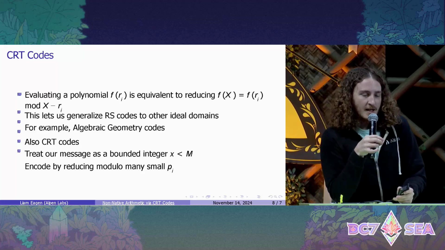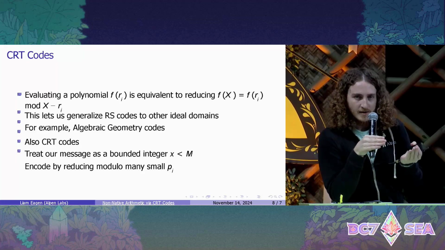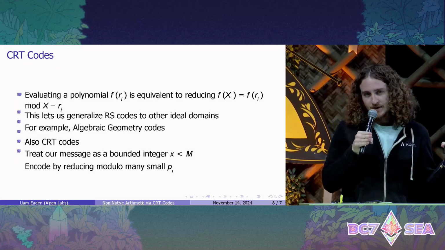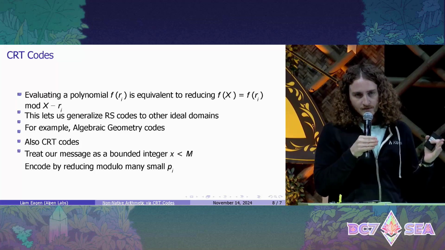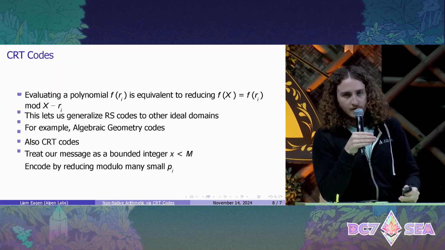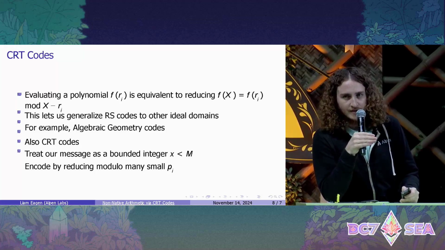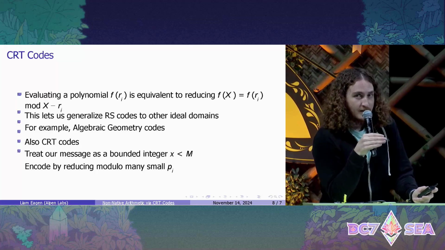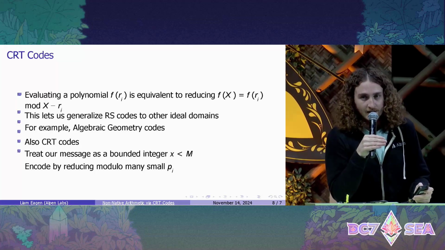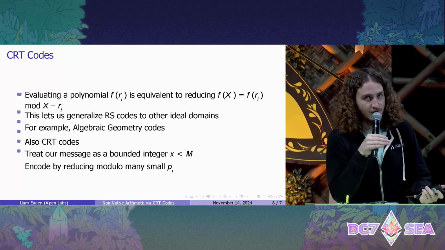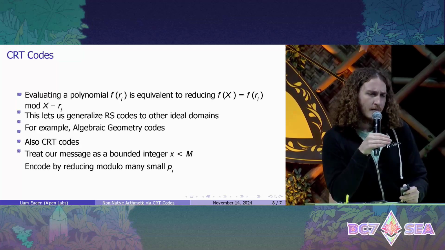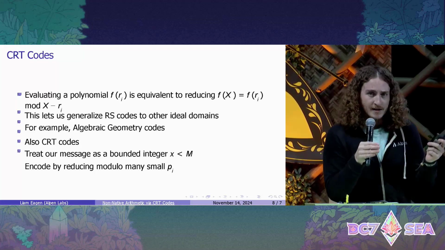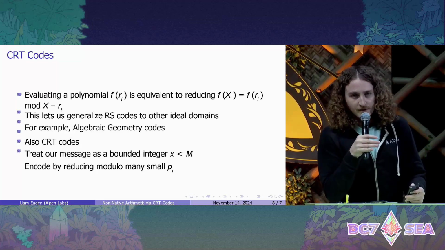So if you have enough primes so that the product of all the primes exceeds the bound of your original space of integers that you're encoding into, then even if some of the primes are wrong, in the same way that with a Reed-Solomon code you can correct errors, with a CRT code you can also correct errors. And this encoding is the same as a residue number system.